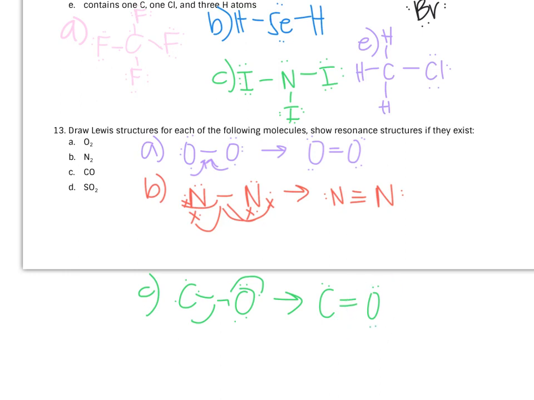So in this case, oxygen's fine. Oxygen's content. But carbon, on the other hand, is not happy because it only has 2, 4, 6 electrons, and it needs 8. So in this case, these 2 electrons are going to basically be taken over by the carbon. And oxygen is going to contribute both of those to the bond, so that carbon has that, and then oxygen just has 1 lone pair.